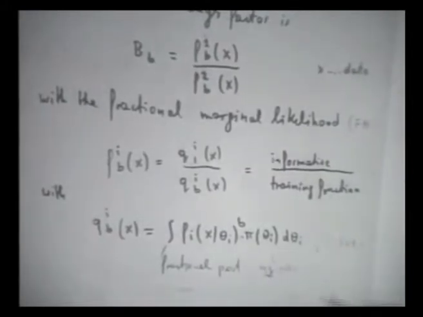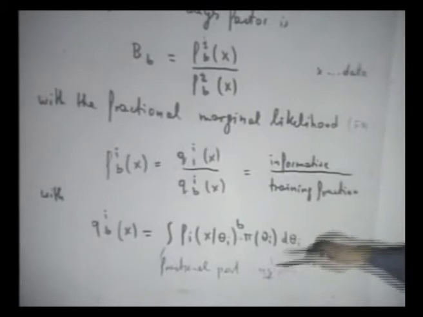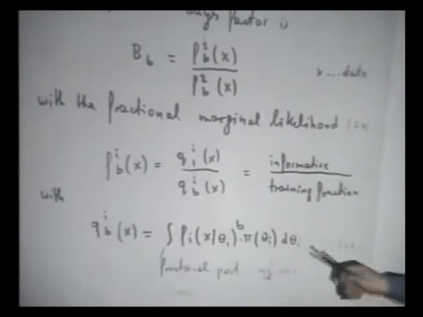And by following this rule, that's where the usual marginal likelihood will be, when b equals 1. If you have b equals 1 and a non-informative prior, then you end up with what I have shown you before. This would be the marginal likelihood for the non-informative case.